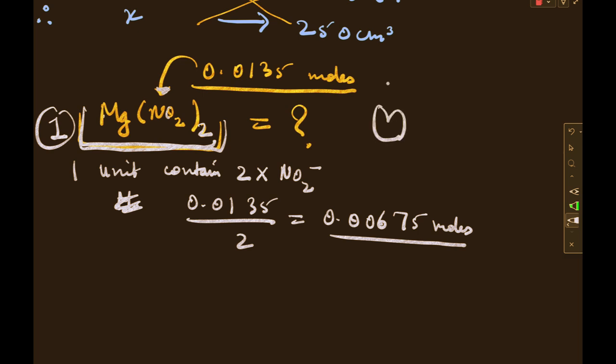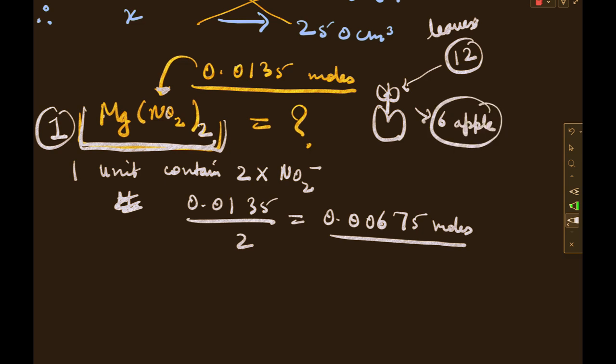Okay, how you can understand it is, I can give you another way of doing this. If you have, for example, apples with 2 leaves on each, right? And I say to you, the total leaves are 12. How many apples, or how many dozens of apples, are there? Okay, I'm repeating: the total leaves are 12. Then how many apples are there? You will say, Supriya, it is going to be 6 apples, right? Because each apple contains 2 leaves.